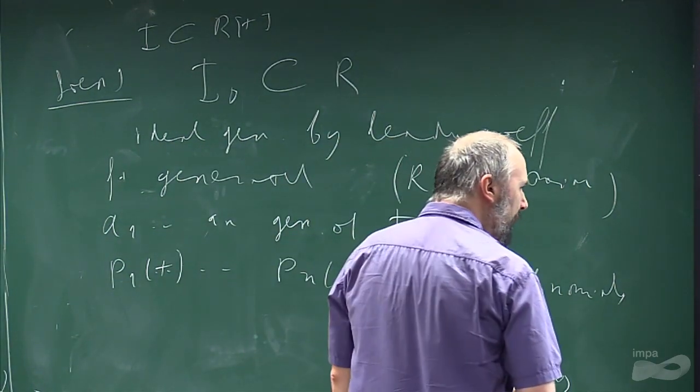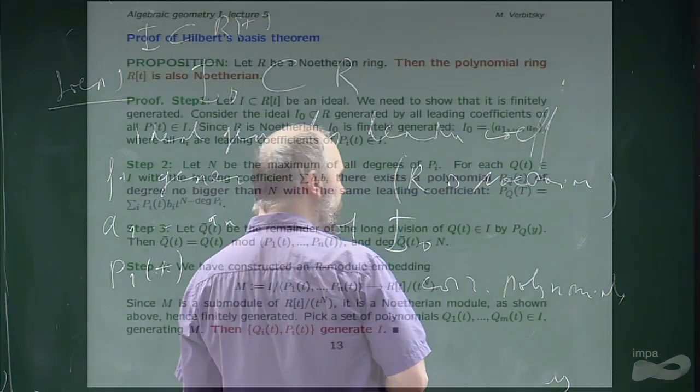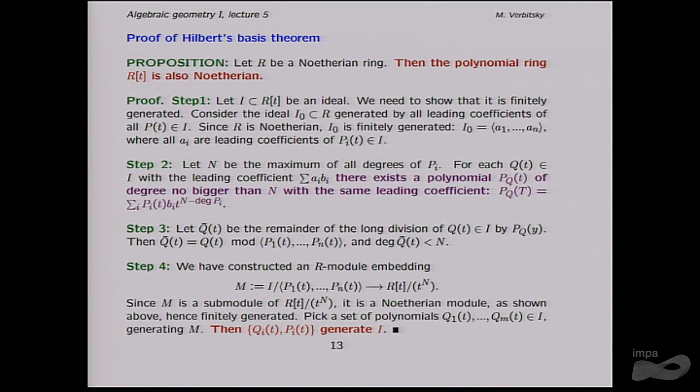So step 2 is the maximum of the degrees. We take n as the maximum of degrees of the Pi.